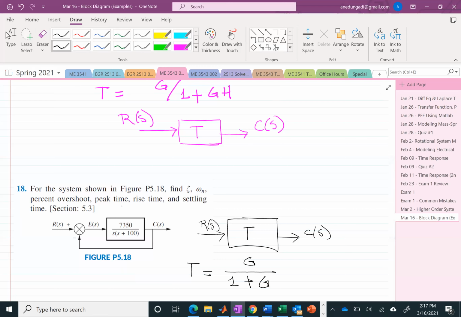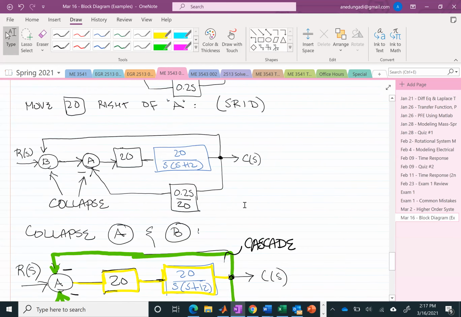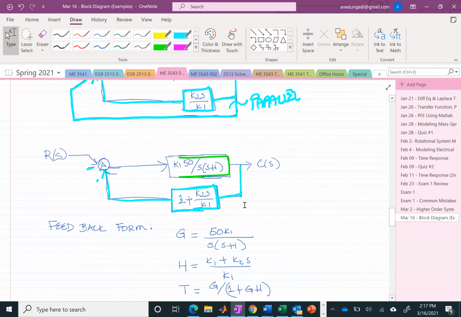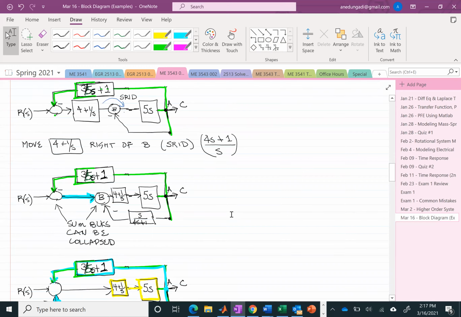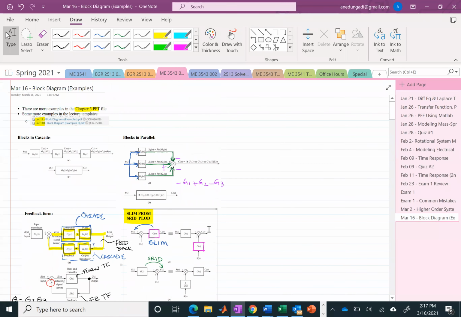Are there any other questions? Okay, so please look at the example problems that I have at the beginning that I talked about.